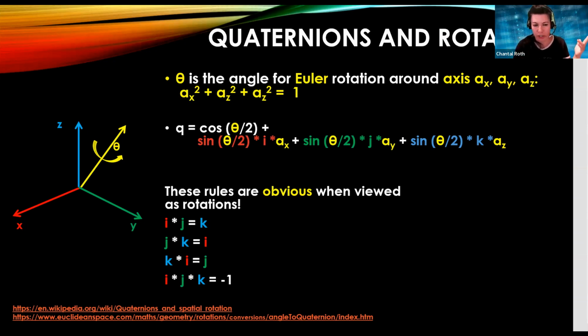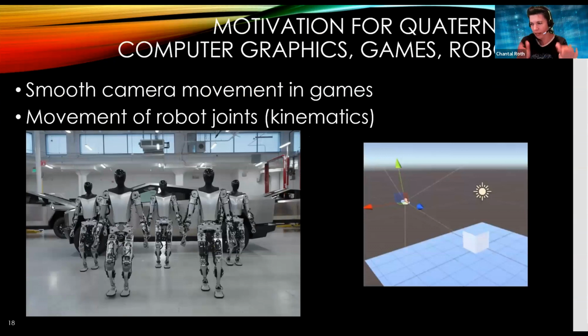Some other motivation, and I love the Tesla robot, so I had to add a picture of that one. Quaternions are used in kinematics when you have to calculate, for instance, the joint movement of anything, whether it's a hand or a foot. You have multiple rotations, multiple quaternions.